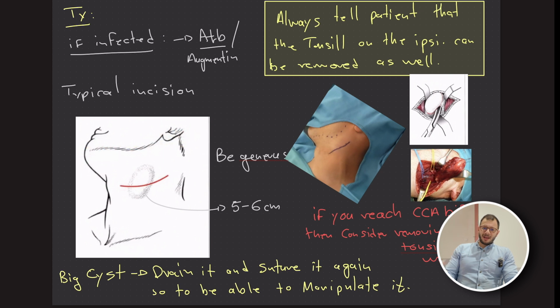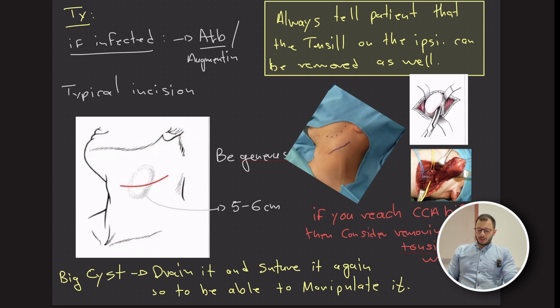You will need at the end of the operation to recognize the bifurcation of the carotid, maybe the hypoglossal nerve, maybe the common carotid artery.